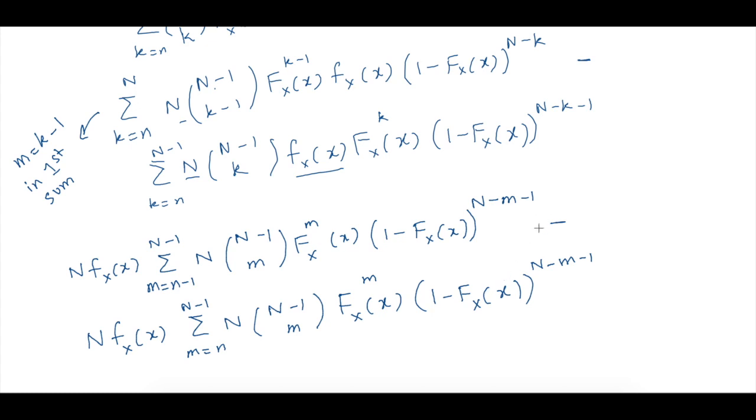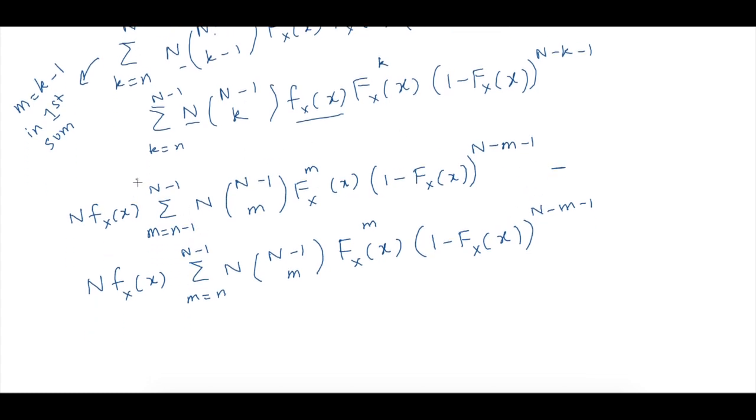Now note that they both are exactly the same. The only difference is that this starts from n minus 1 and ends at n minus 1, and this starts at n and ends at n minus 1. So essentially this is a_(n minus 1) plus a_n plus up to a_N, and then minus, in brackets, a_n plus a_(n plus 1) plus up to a_N.